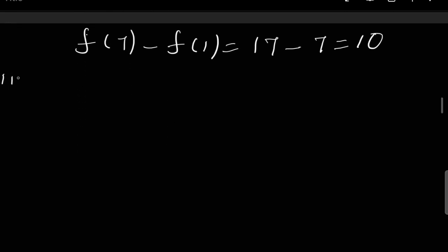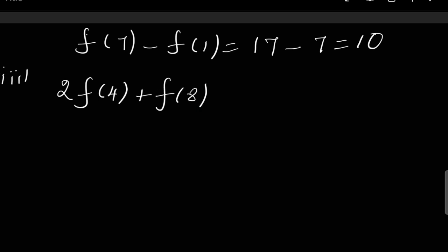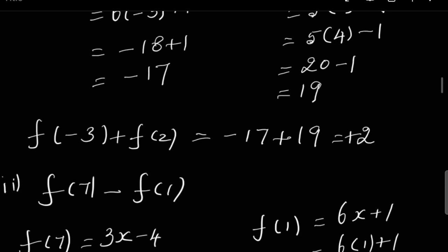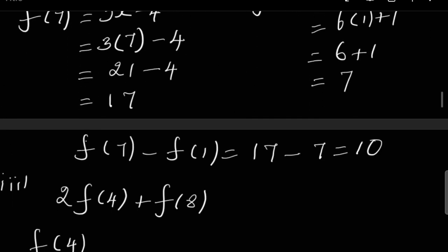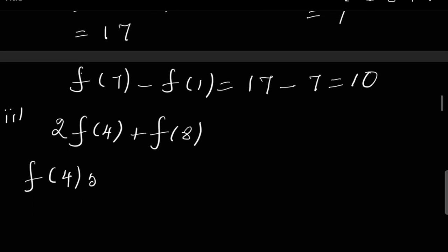Third sum. 2 into f of 4 plus f of 8. 2 into f of 4. So find the value of f of 4 first. F of 4, where x is equal to 4 here in the second function, 5x squared minus 1.